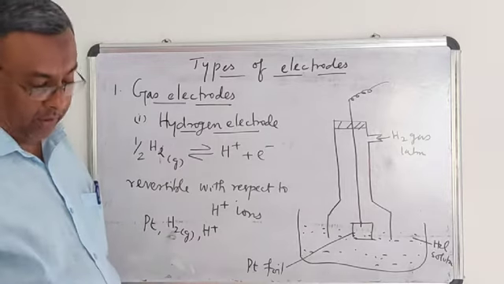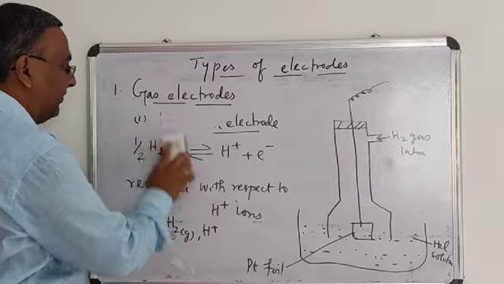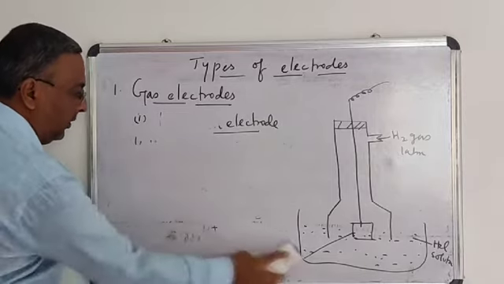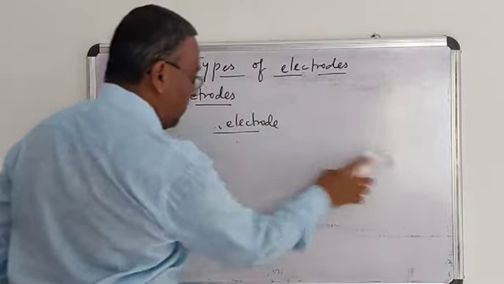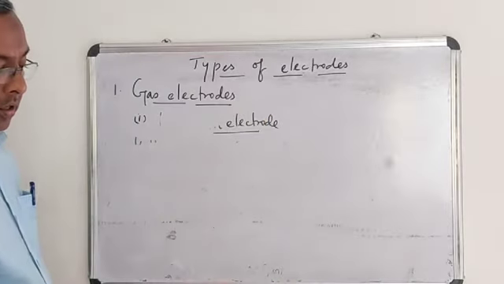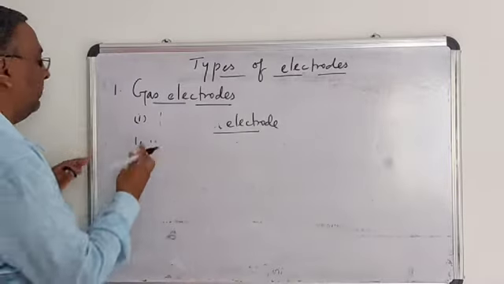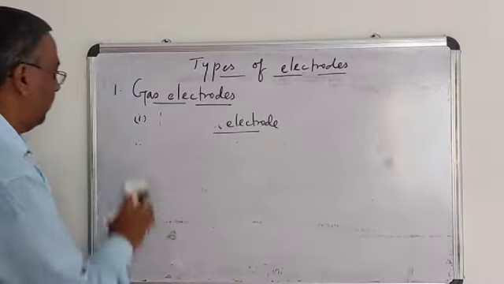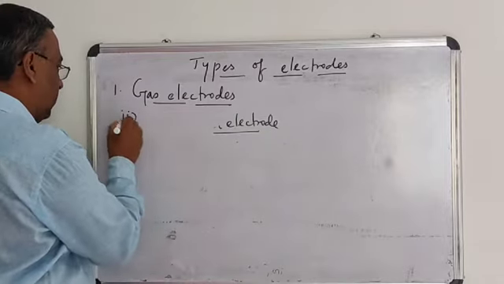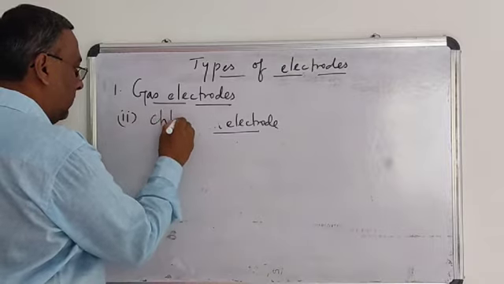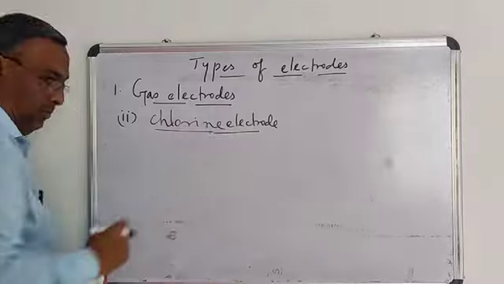Another example for gas electrode, the second example, is the chlorine electrode.